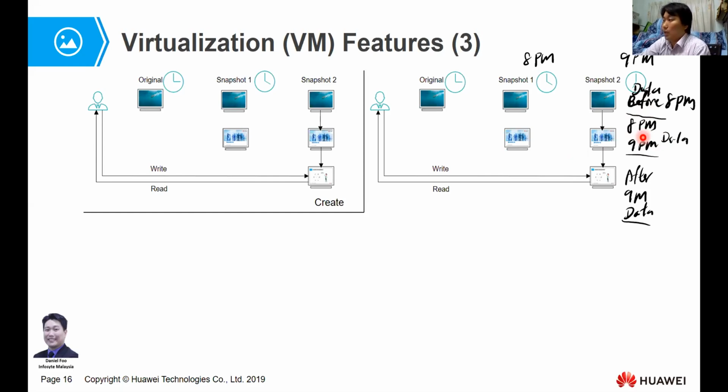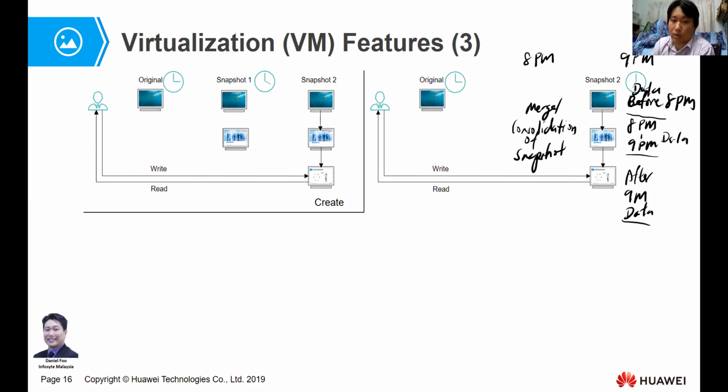So when you select delete, they will clear off the snapshot and merge this particular delta into the original VHD. When you perform this merge, this is what they call merge, or sometimes consolidation of your snapshot, so that your changes become permanent.